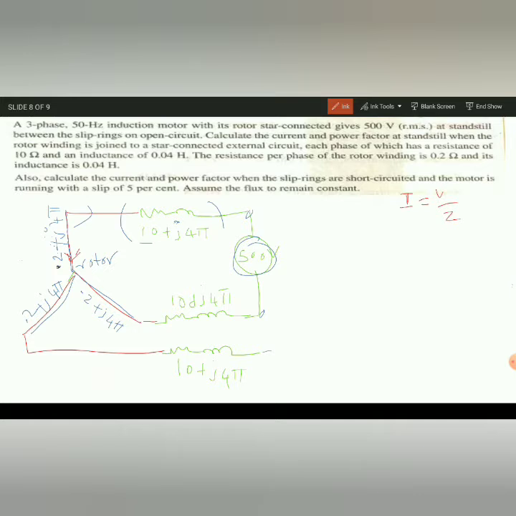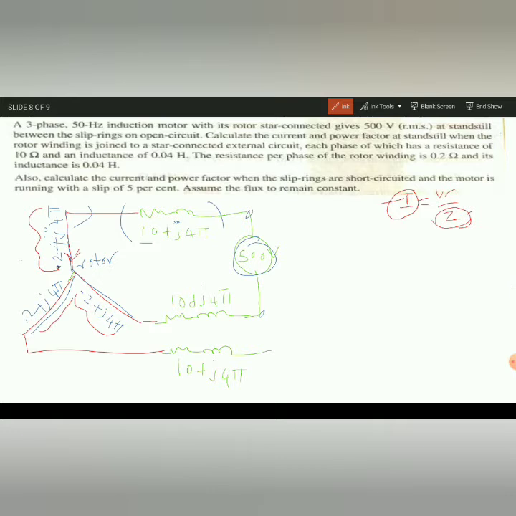Here we know the impedance per phase only, the resistance and reactance for one particular phase. When you have the impedance value per phase, then obviously you can find out the current per phase only.